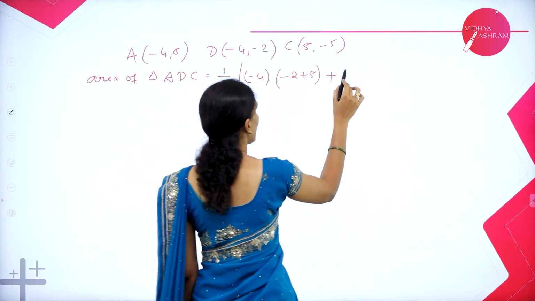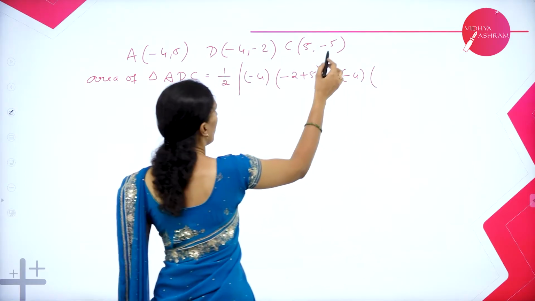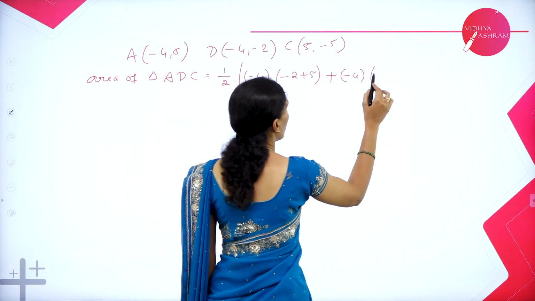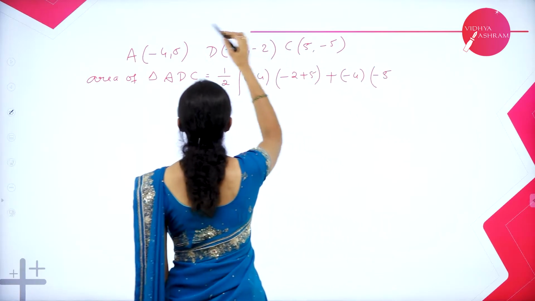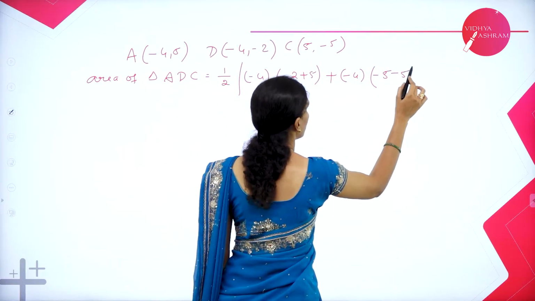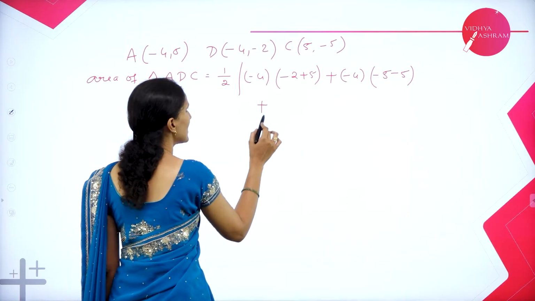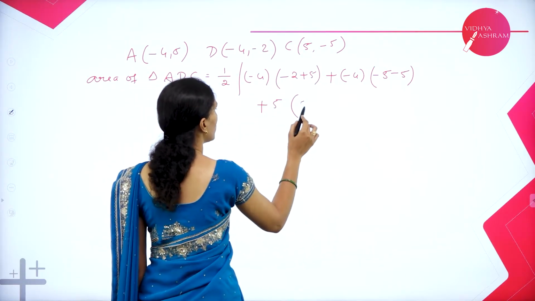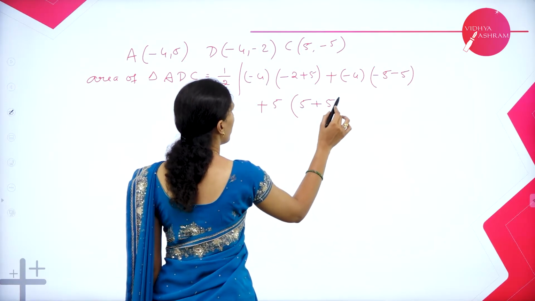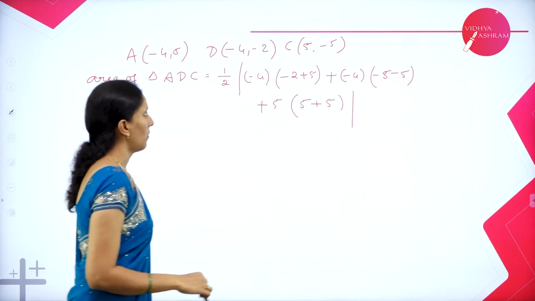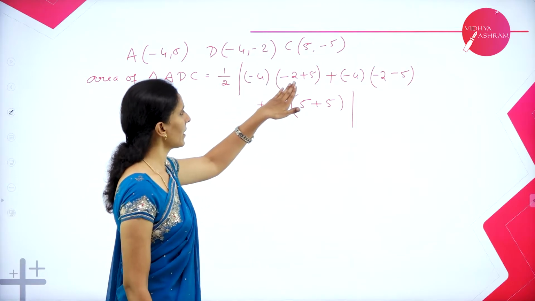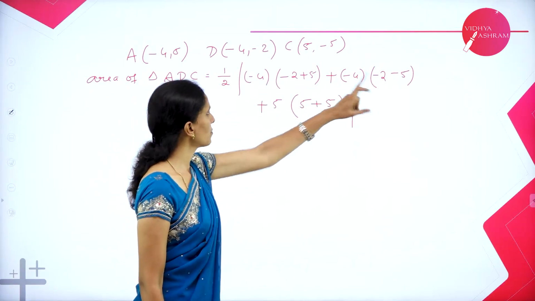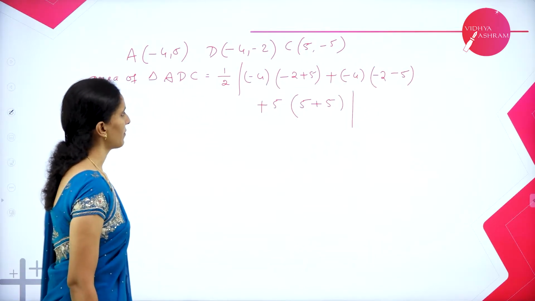Next x2 is again minus 4, y3 minus y1, minus 5 minus 5. Next is plus x3 which is 5, y1 minus y2, that is 5 plus 5. So this is the formula.